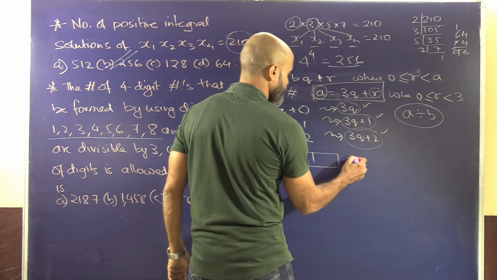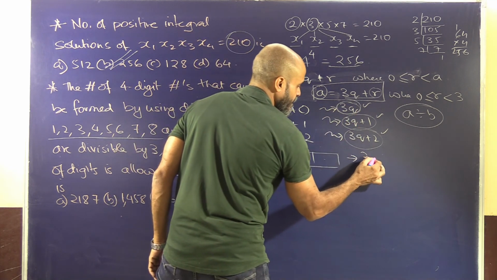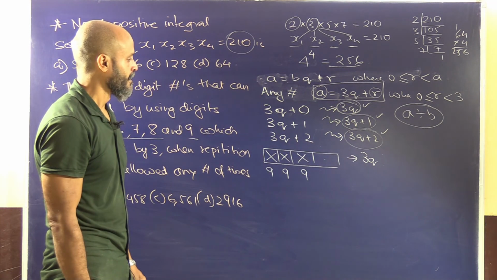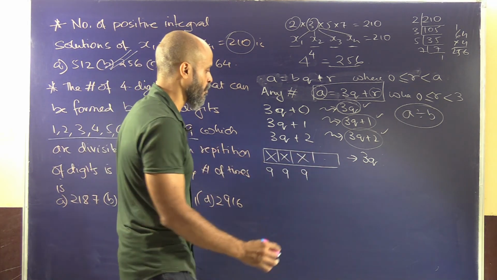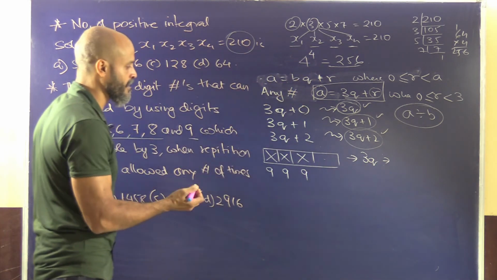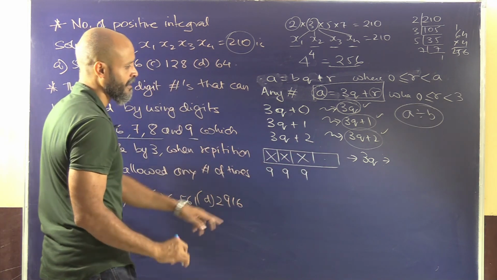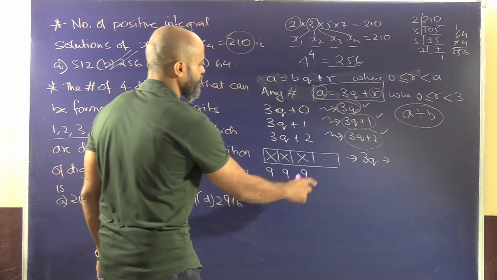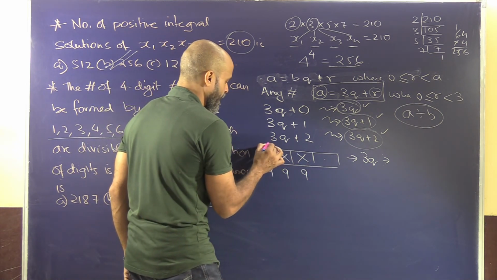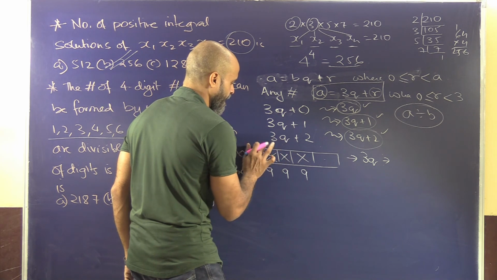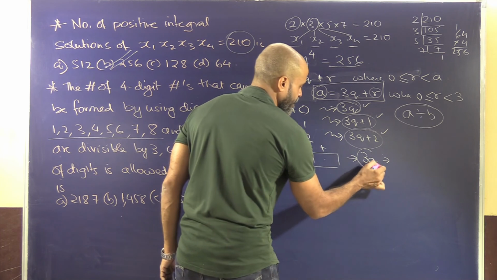Okay, so the first case is when we get a number that gives us the 3q format. In that case, which number can we get here? Whatever we have selected here, let's say we add these numbers: by adding all these 4 we get the 3q format.